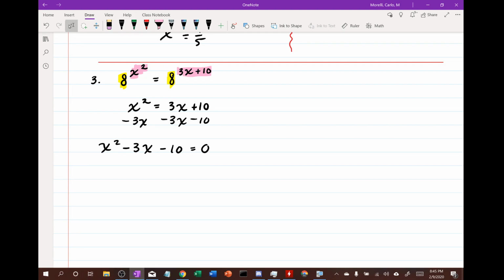Oh, okay, cool. I want to make sure everybody understands how I got to this point in this problem. Let me do it again. We have 8^(x squared) equals 8^(3x plus 10). Now, the thing about exponentials is when you have a number raised to an exponent, as long as that number is the same on both sides of the equal sign, all you have to do is set the exponents themselves equal to one another.